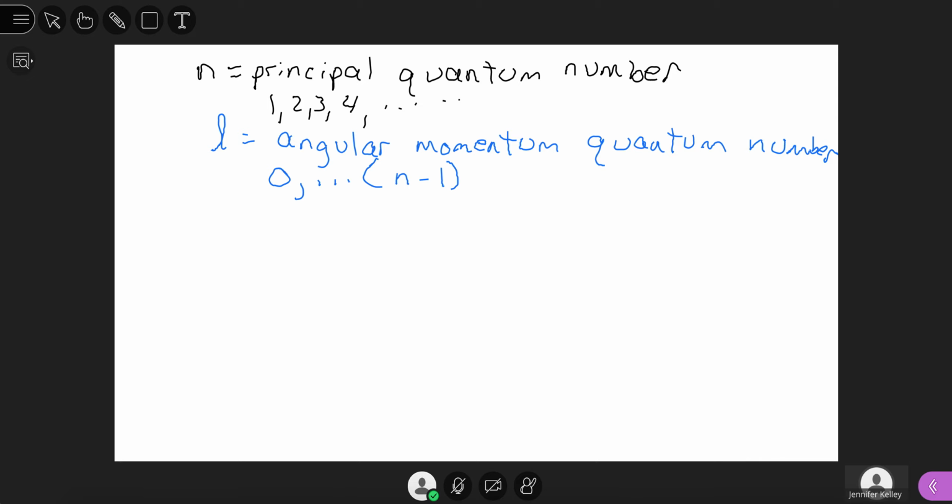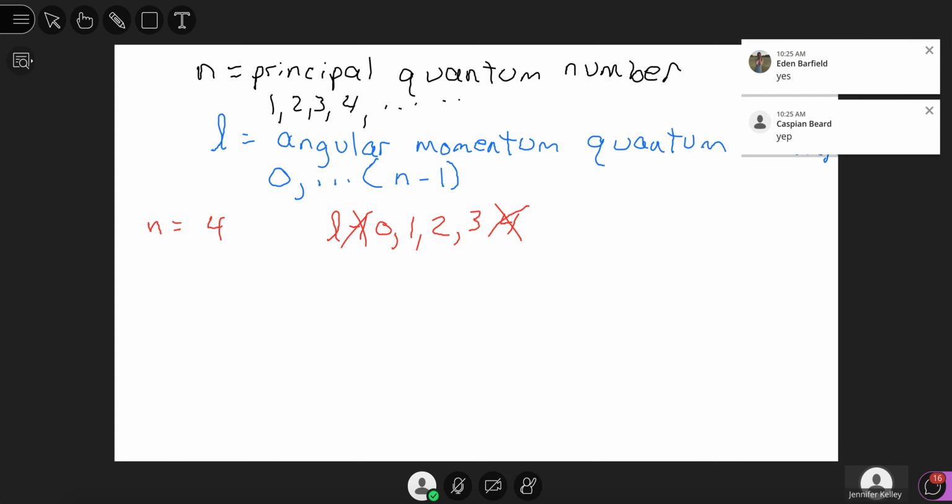For instance, if we had N equals 4, L has several options. It could be 0, 1, 2, or 3, but it can't be 4, and it can't be negative. So it goes from 0 all the way up to 1 less than whatever N is. Does that make sense so far? Okay, good.